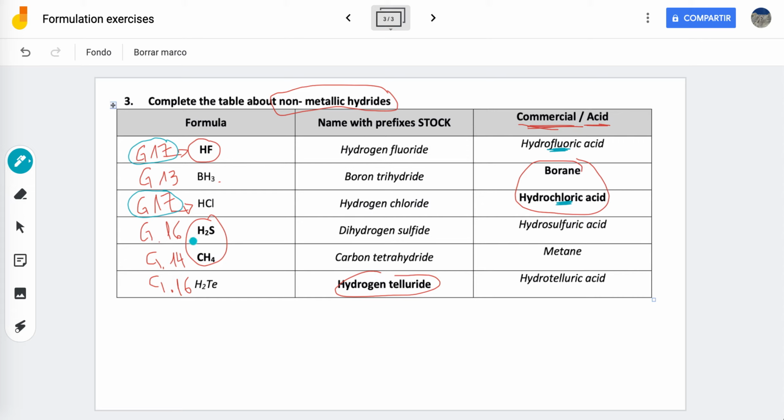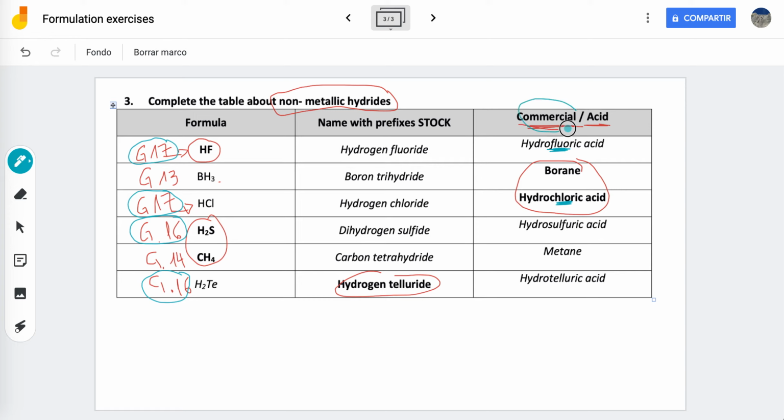I must say, 16 and 17, they're different because groups 13, 14 and 15 have commercial names.